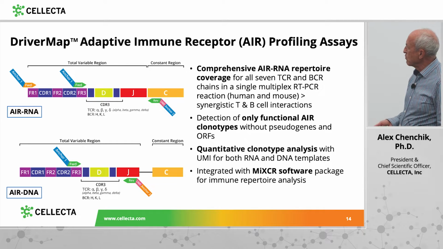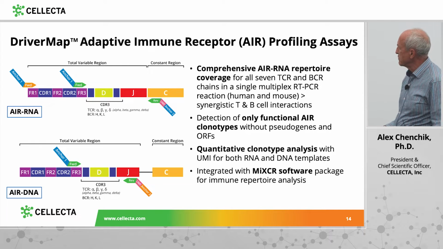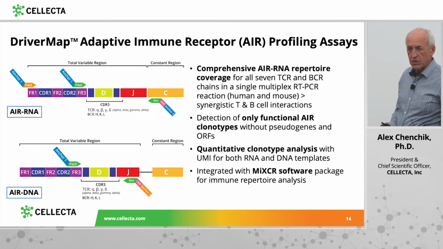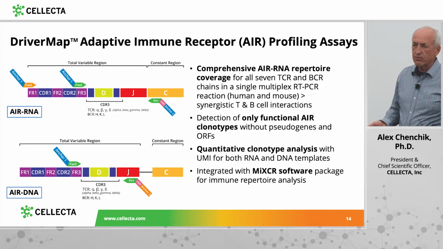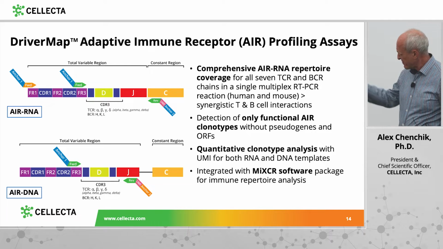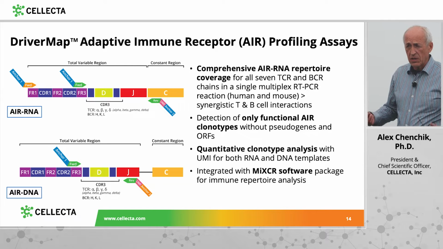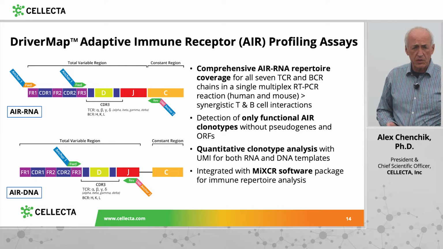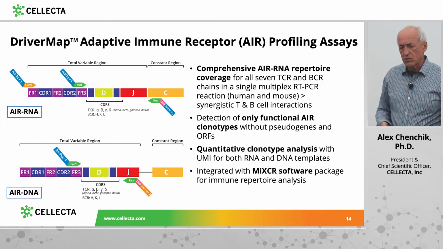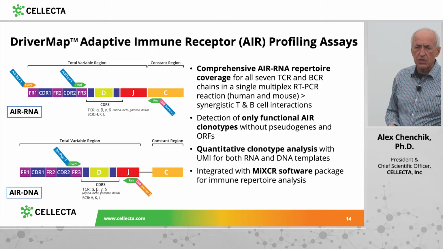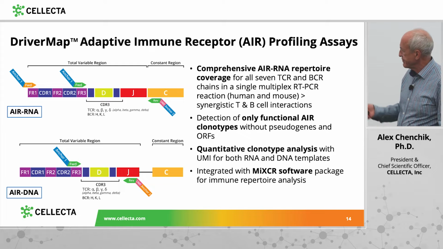Importantly, using UMI facilitates significantly quantitative analysis of different clonotypes in bulk profiling data, and data analysis is done using the AIRR program from my lab. This software is probably one of the best available right now for quantitative analysis in order to generate reliable data for immune repertoires.